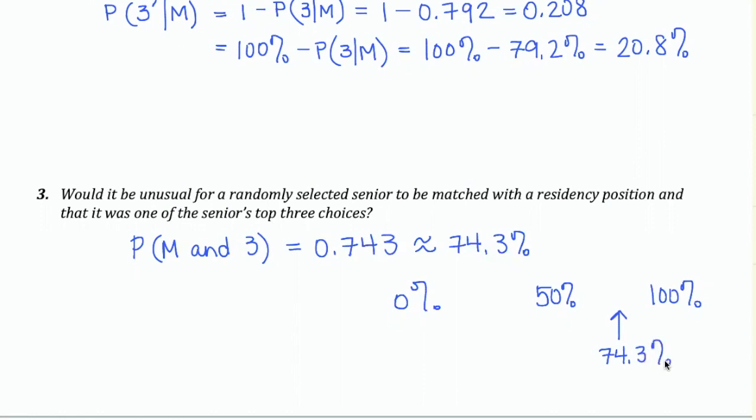It's between events being equally likely and being certain to happen. So this was on the side of things that is likely to occur. So would it be unusual? The answer to that would be no. In order to be unusual, it should be close to 0%, and our number is not.